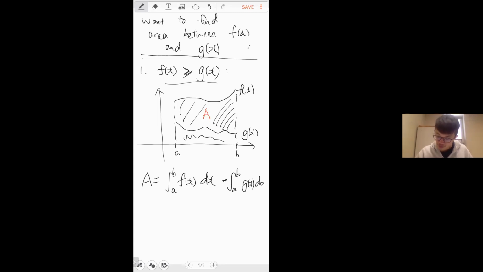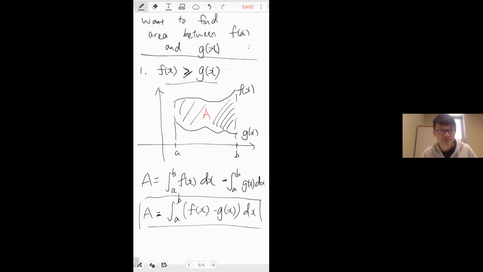So that's the second term. And when you minus that, you're going to get the shaded area as required. And by the property of integral, this is the same as f of x minus g of x. And then you take the integral. Is it okay?